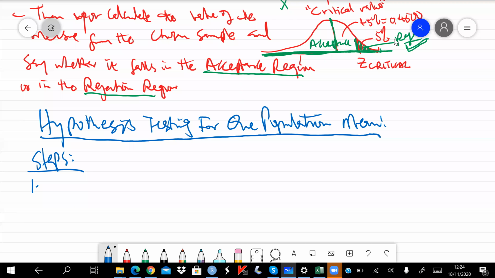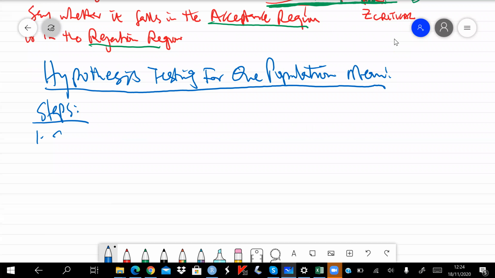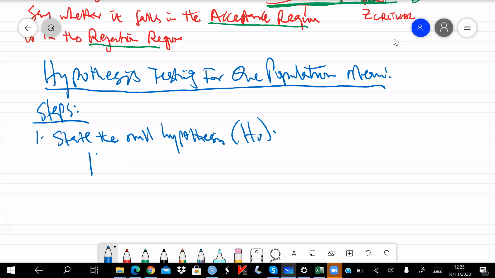So the first step in hypothesis testing is to state the null hypothesis, H naught. When we are testing a hypothesis for one population mean, you define the null hypothesis as H naught such that mu is equal to mu naught, where mu naught is the hypothetical population mean.